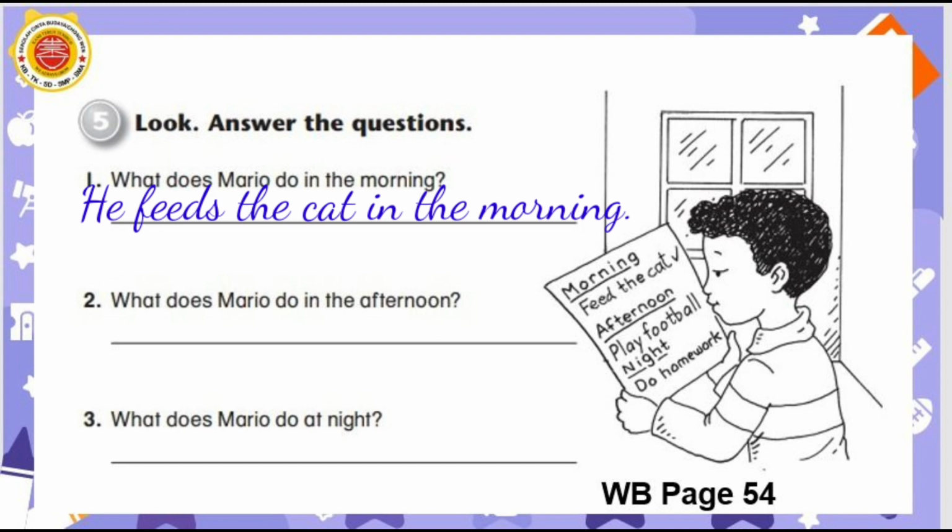Kemudian diikuti oleh feed the cat. Nah, kata feed di sini ditambahkan s karena subjeknya adalah tunggal or singular subject. So, the verb that we use is singular verb. Untuk nomor 2 dan 3, kamu lanjutkan di rumah. Lakukan sama seperti cara menjawab pertanyaan nomor 1.